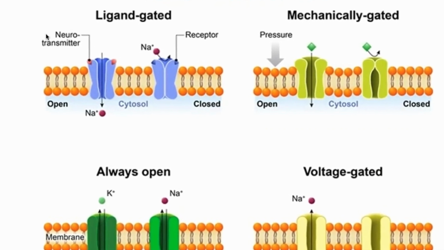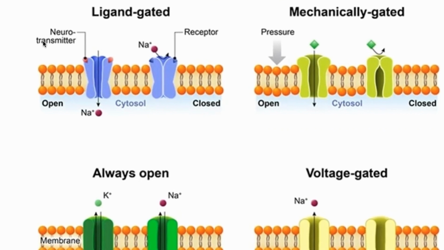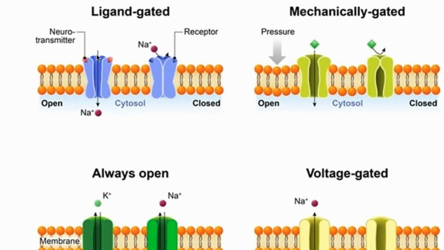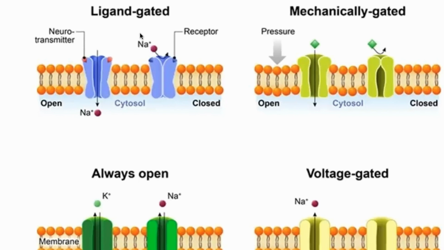So when the acetylcholine goes to the neuromuscular junction at the postsynaptic terminal and binds to the receptor, it's seen as a ligand. What it will do is cause an influx of sodium within the cell. Remember that when the sodium goes into the cell, it will stimulate the release of calcium from the sarcoplasmic reticulum. So this is one way in which you can stimulate an action potential via a ligand gated receptor channel.